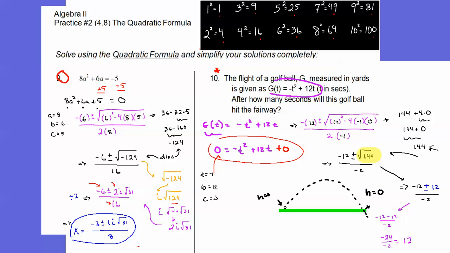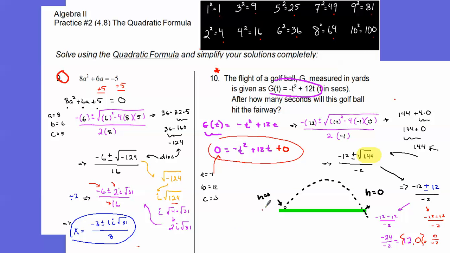On the other side, we will have -12 plus 12, all divided by -2. -12 plus 12 is going to be 0 divided by -2, which just produces 0. So, these two values are the responses that we got from the quadratic formula.